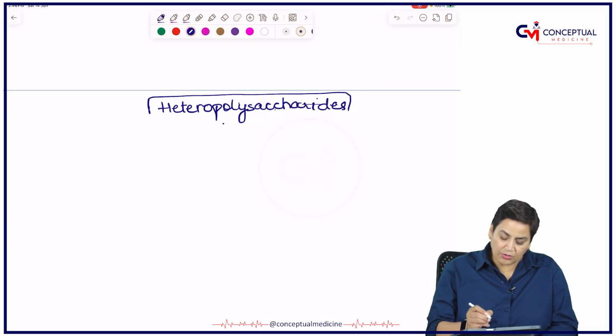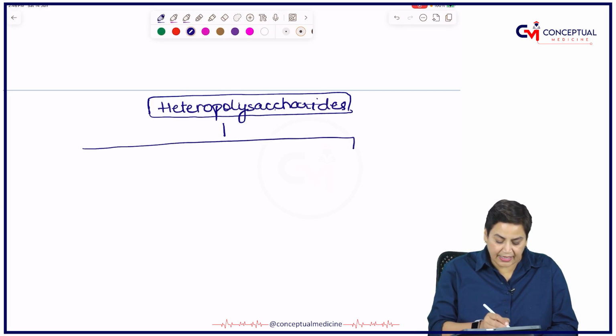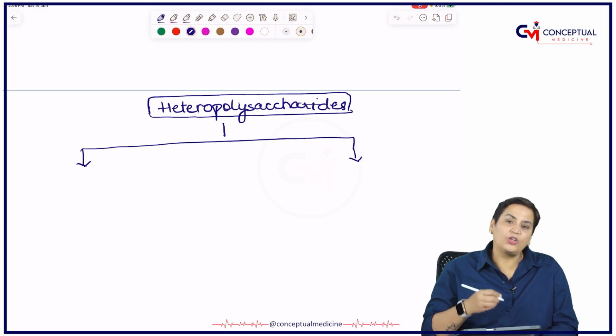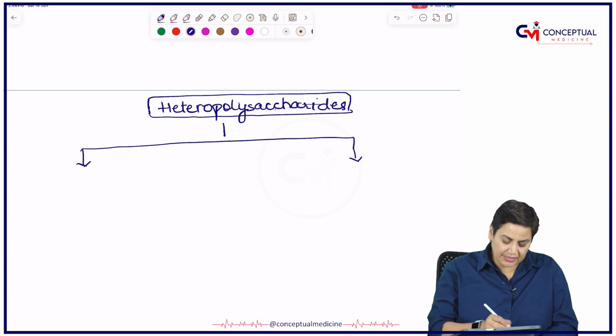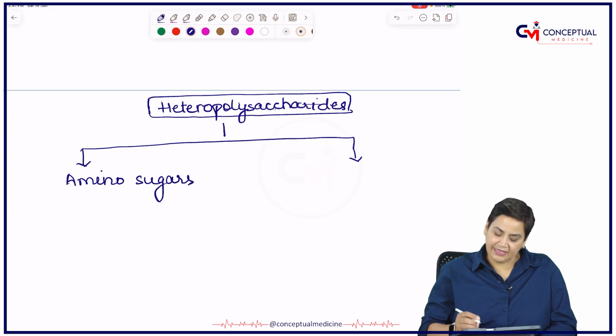Now, if we talk about these, we can simply say that these heteropolysaccharides are further of two types, or you can say they have two components. One is they have amino sugars, and second is they have uronic acids.